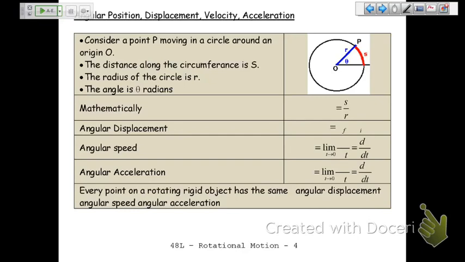So I'm beginning to see a pattern where I use an angle instead of a measure of length. That's pretty much what we're going to do. The angular equivalent for length, it turns out, is going to be an angle. We'll talk about the units in a minute. There's the angular equivalent of mass, which is moment of inertia.